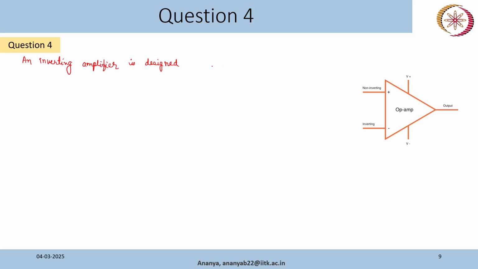An inverting amplifier is designed using an op-amp with a feedback resistor of 100 kilo ohm and an input resistor of 10 kilo ohm.